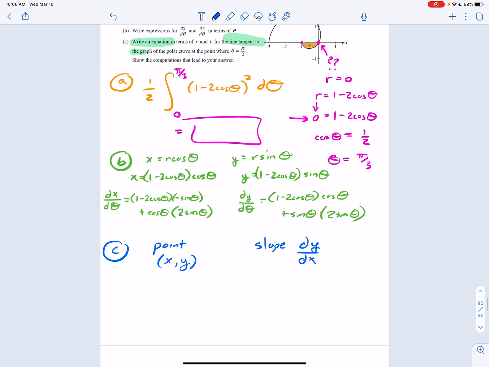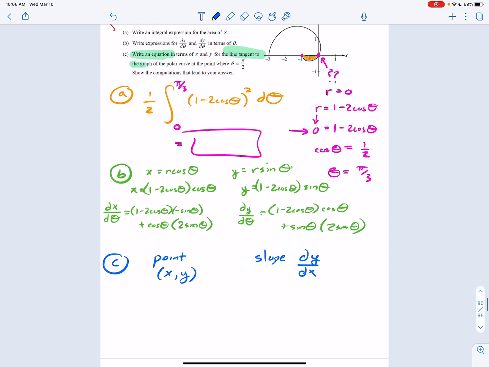So to find x at pi over 2, that would just require a little bit of a plug and chug here. So x would equal 1 minus 2 cosine of pi over 2 times the cosine of pi over 2, whatever that comes out to, okay?